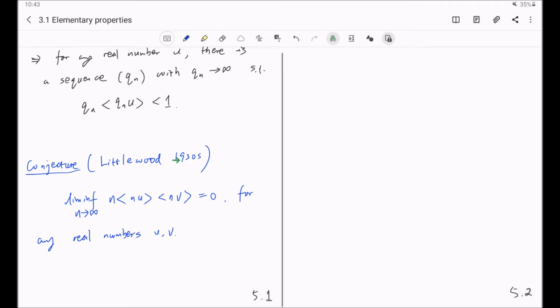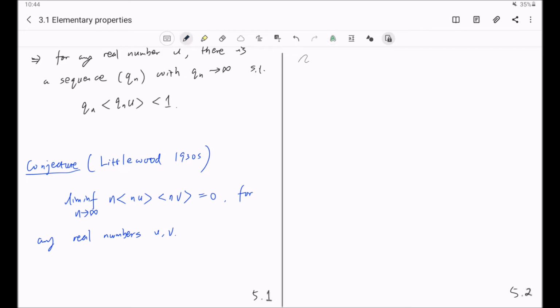There are a lot of big names. And unfortunately, maybe I should say fortunately, this conjecture still remains open today, so that mathematicians still have some work to do. Although there are a lot of results related to this conjecture, let me just mention one result that I care about.